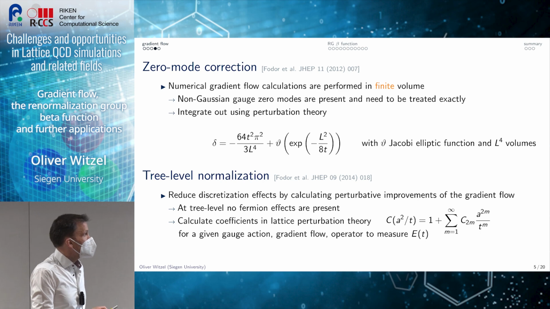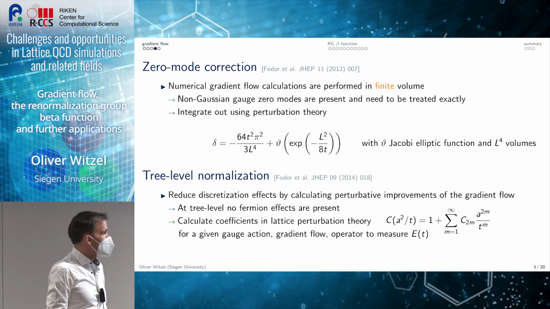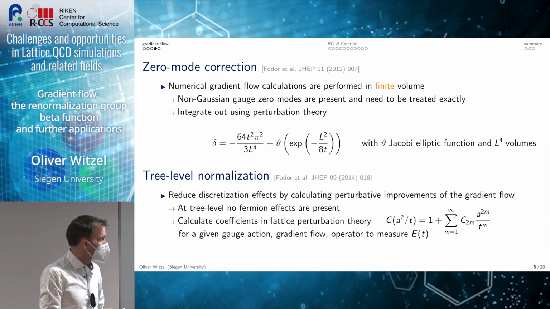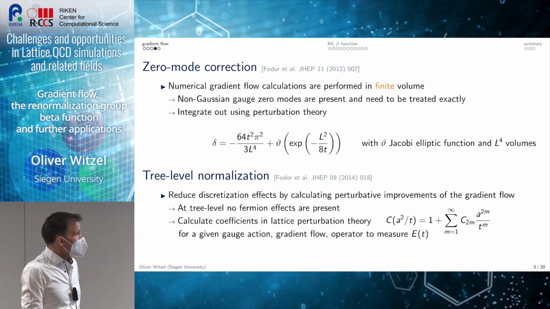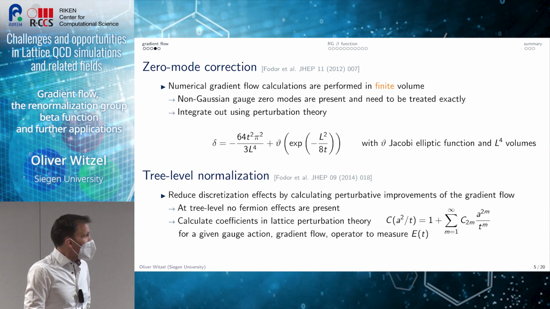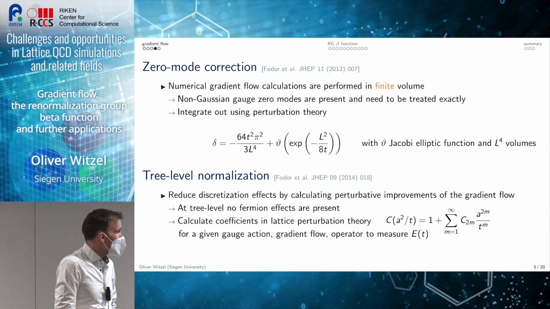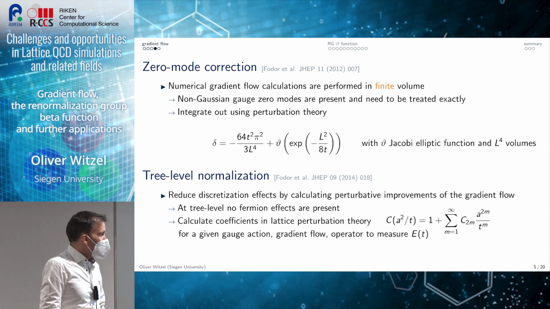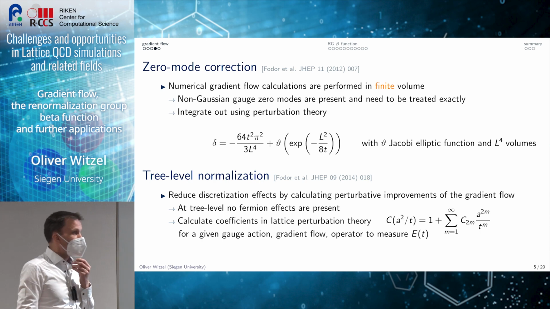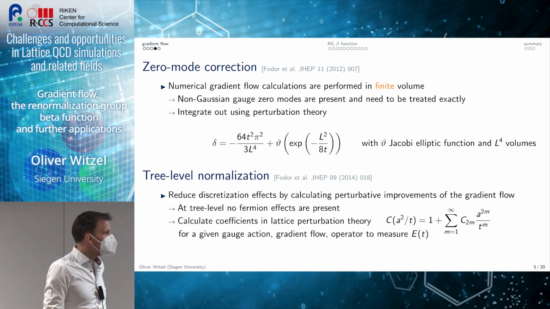And this was shown by Daniel Nogradi as part of the collaboration with Wuppertal. That is the first correction we are using. Further, you can study the discretization effects and calculate what we refer to as the tree-level normalizations. So at tree level, you don't worry about fermion effects because obviously fermions are only part of the loops.